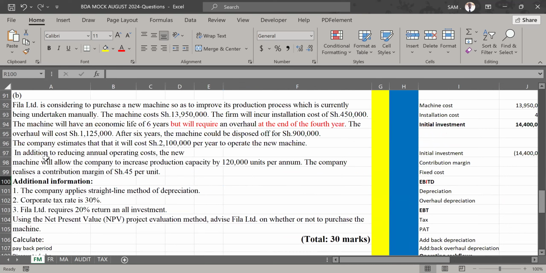Now, the overall cost, we've already taken care of it. Now we come to this other part. After 6 years, the machine will be disposed at what? At 900,000 shillings. After 6 years. Look at that language of the examiner. It is after 6 years.